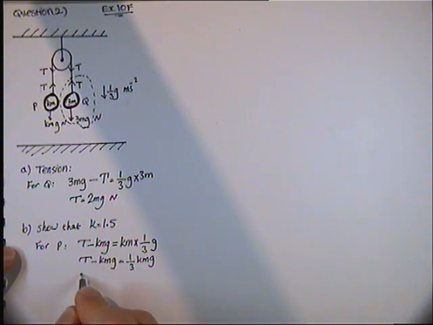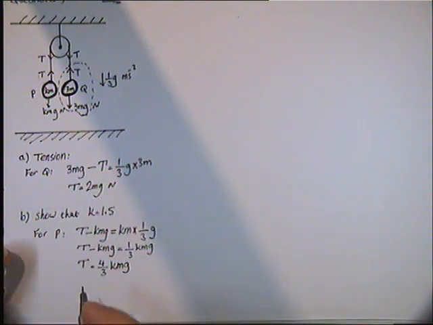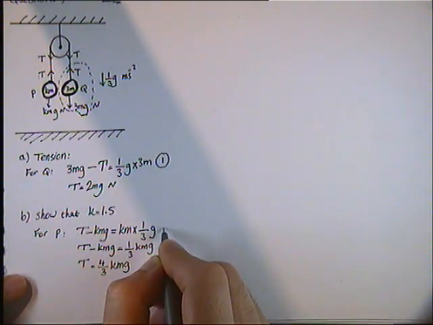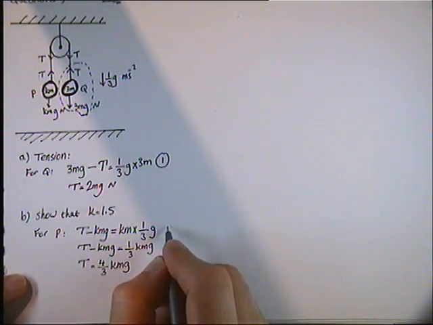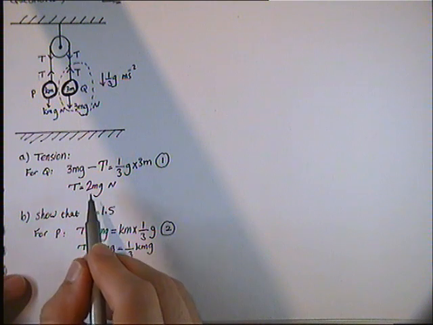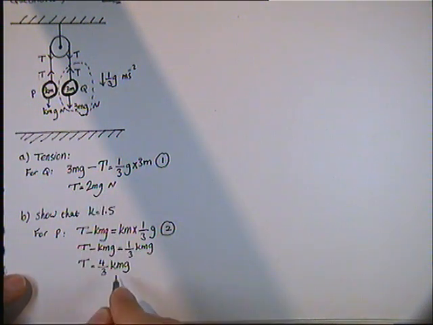Add kmg to both sides, which gives T equals 4/3 of kmg. We know that T is equal to 2mg. So let's call this one equation 1 and this one equation 2. From here we can substitute 2mg for T, so 2mg is equal to 4/3 of kmg.